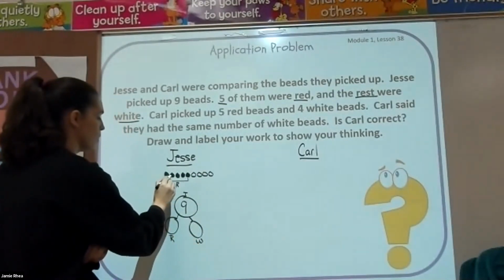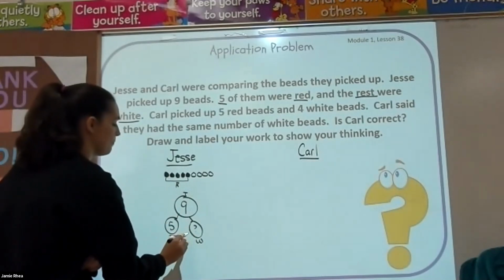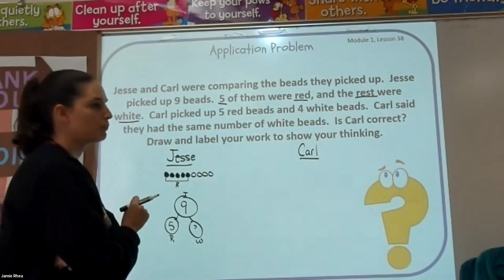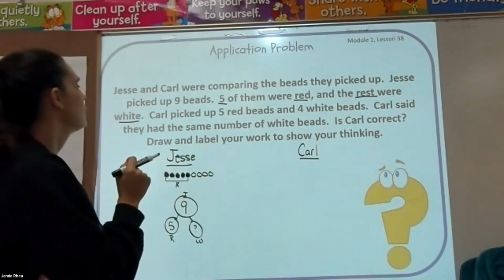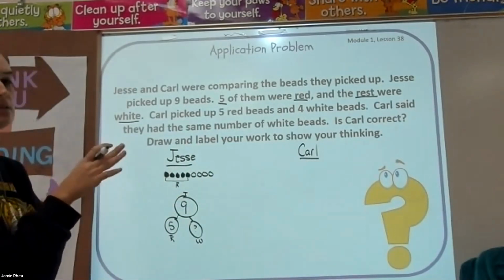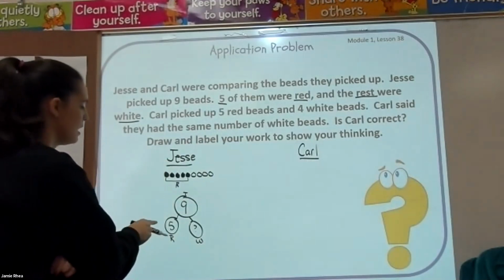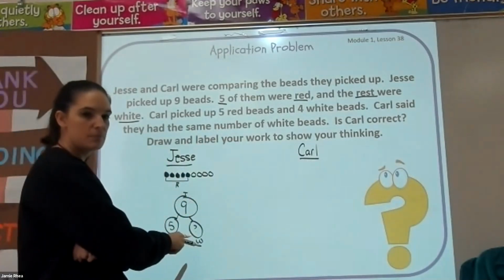And I know that there were 1, 2, 3, 4, 5 red beads. This is my mystery number because we don't know. Okay, so let's keep reading and see if there's any more clues for Jesse. Carl picked up 5. Okay, so we're not ready for Carl yet. Let's finish with Jesse. Can I use what I have here to help me solve for my mystery number?